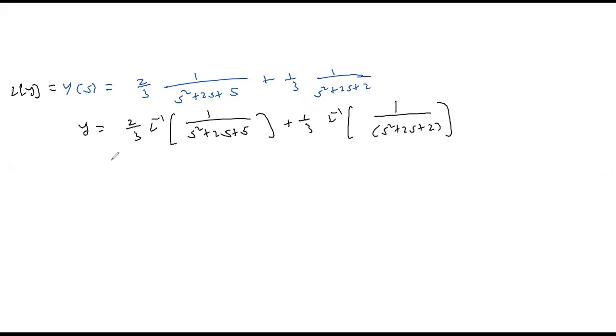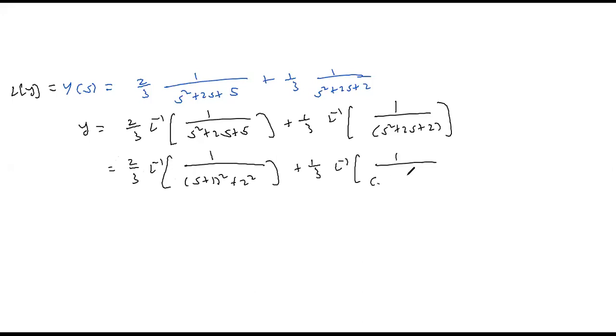So I can write this as 2 by 3 L inverse of 1 by ((s plus 1) whole square plus 2 square), plus 1 by 3 L inverse of 1 by ((s plus 1) whole square plus 1 square). Now everything is in terms of s plus 1. Therefore I can apply the first shifting property on inverse transform, right?